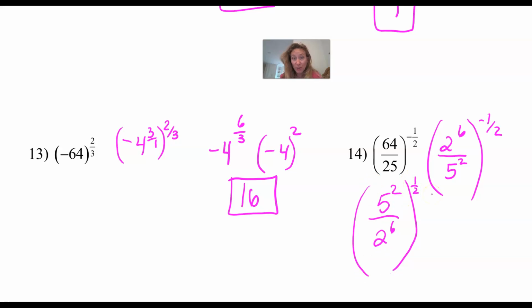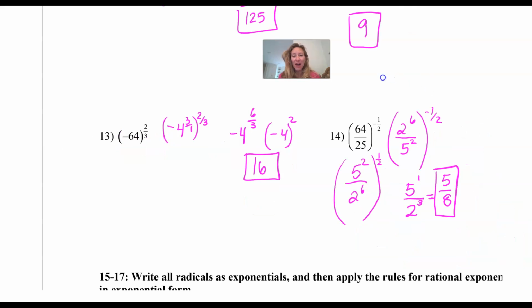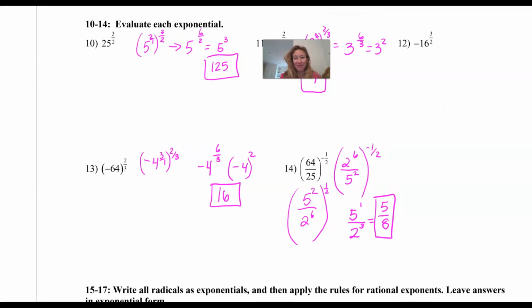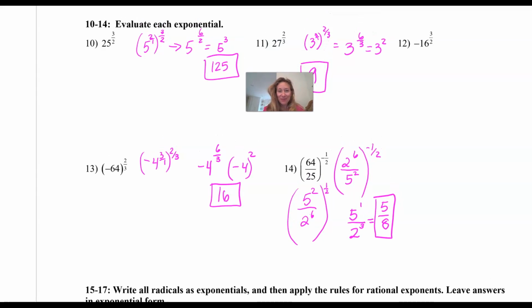I distribute this half power to both the numerator and the denominator, making this 5 to the 1st power over 2 to the 1/2 of 6, 3rd power, which simplifies to the number 5 over 8. And that is evaluating using rational exponents.